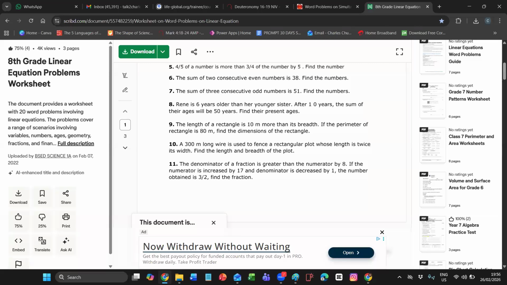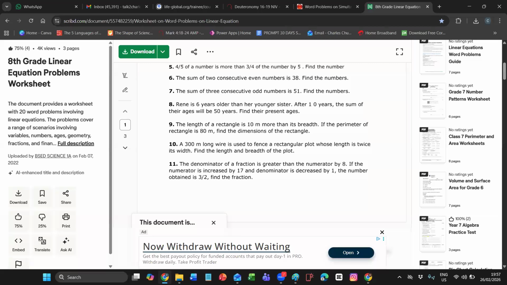So what do you think we'll do in this case now? Maybe we should start at the top where it says the denominator of a fraction is greater than the numerator by 8.